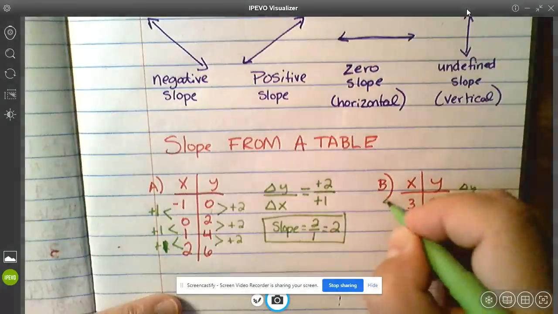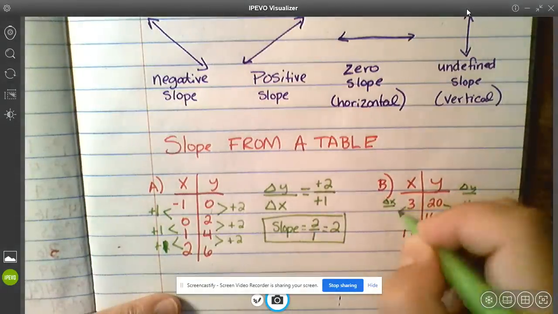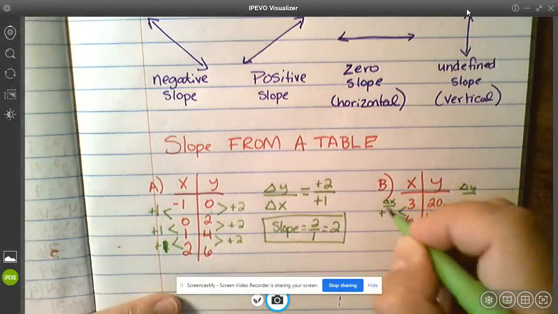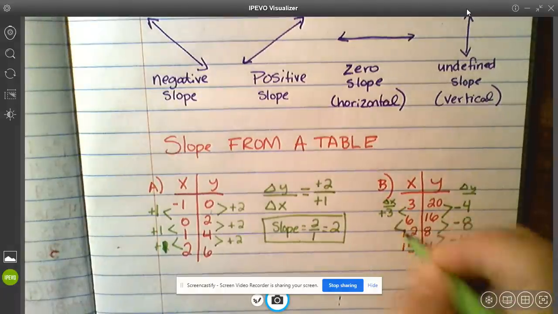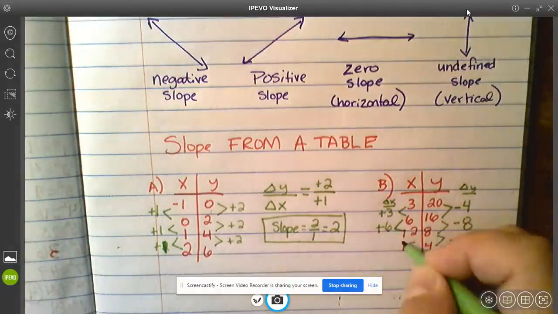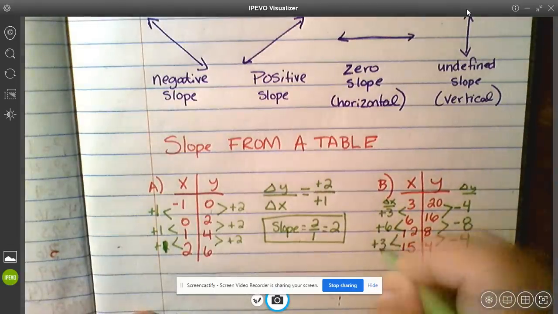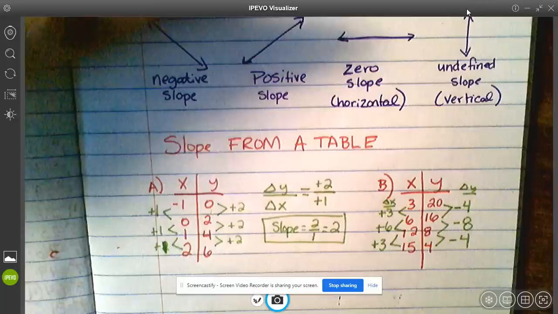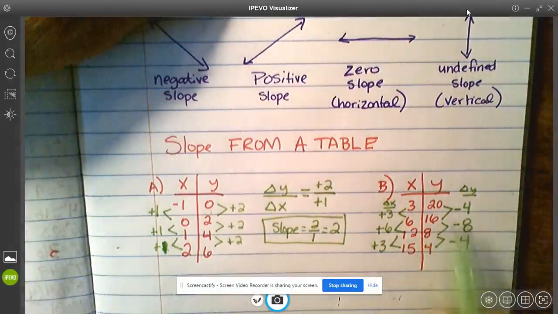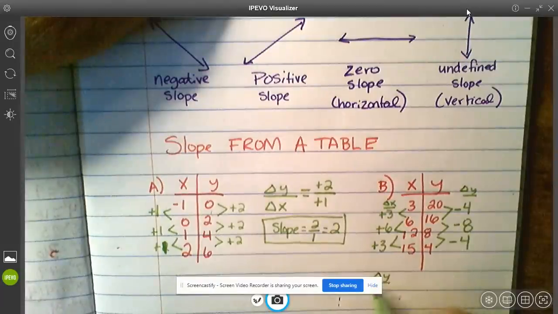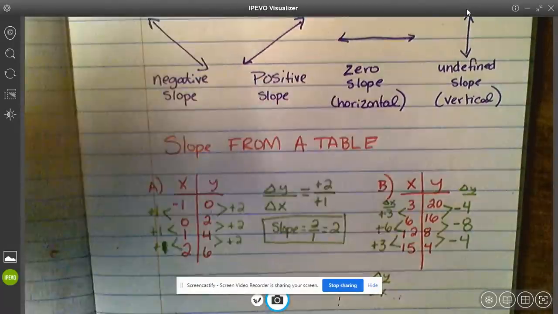Now let's look at our change in x. From 3 to 6 goes up 3. From 6 to 12 goes up 6. And from 12 to 15 goes up 3 again. So when we explore these changes in y's over the change in x, let me look at this first one.